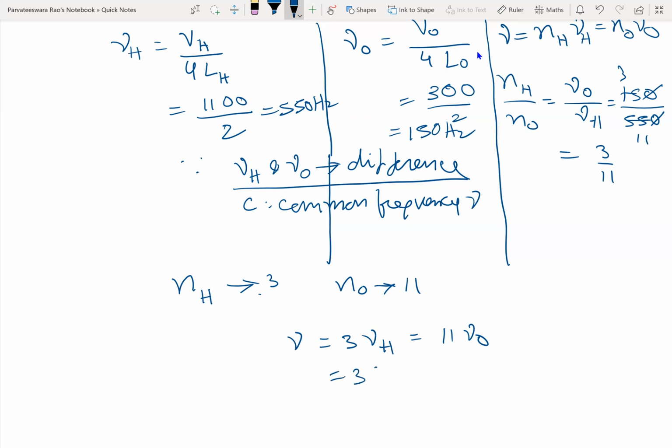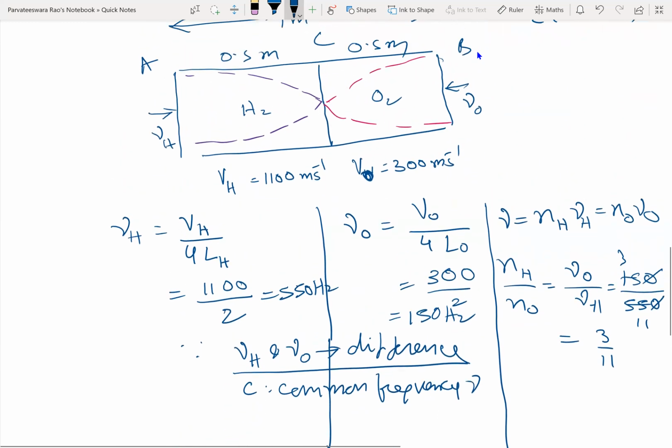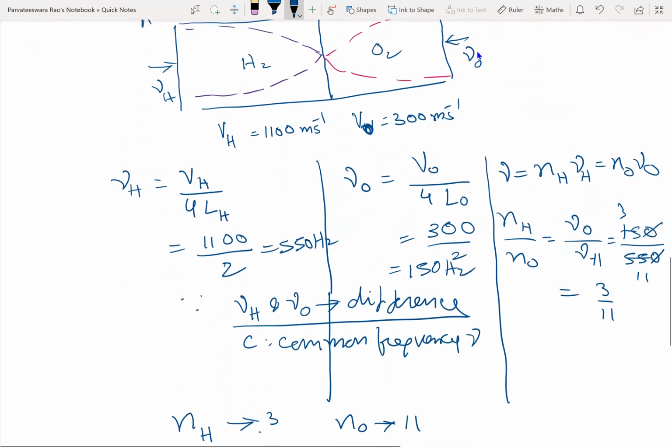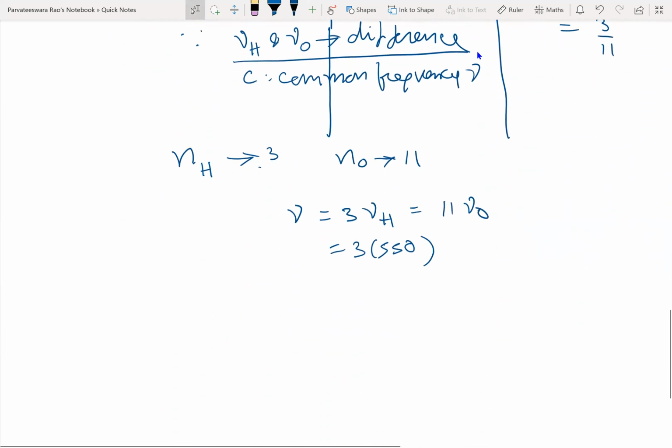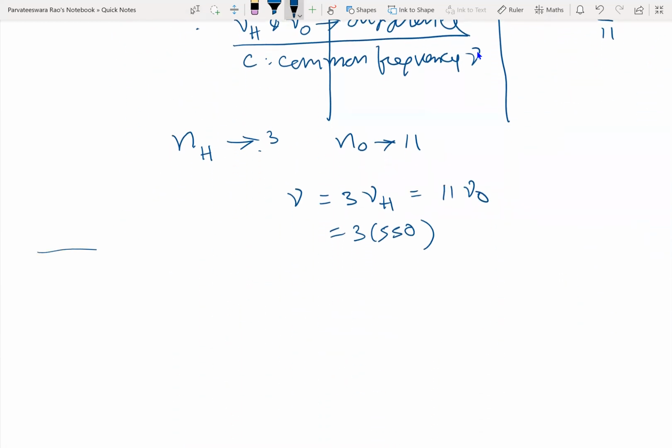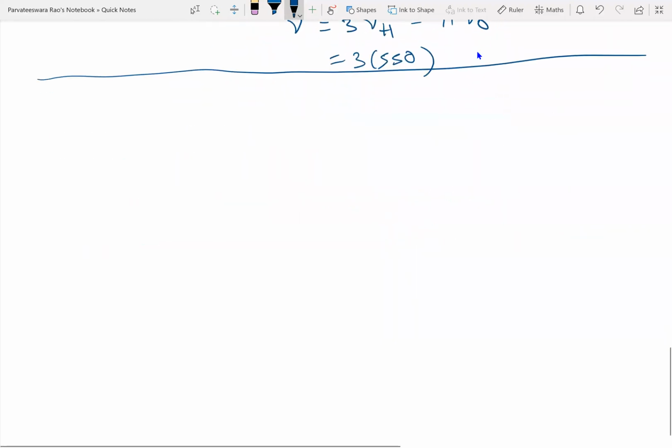So 3 into 550 is the common frequency of the diaphragm.